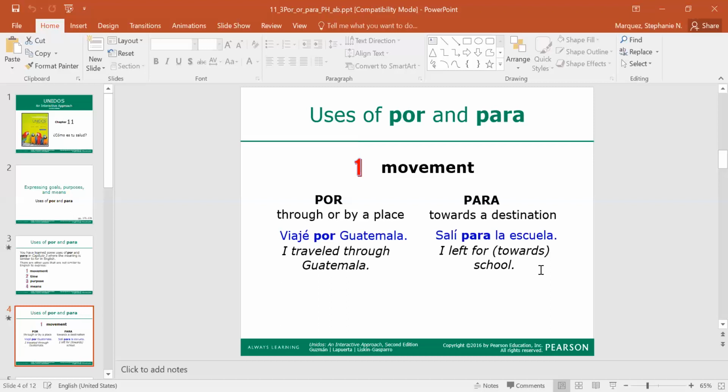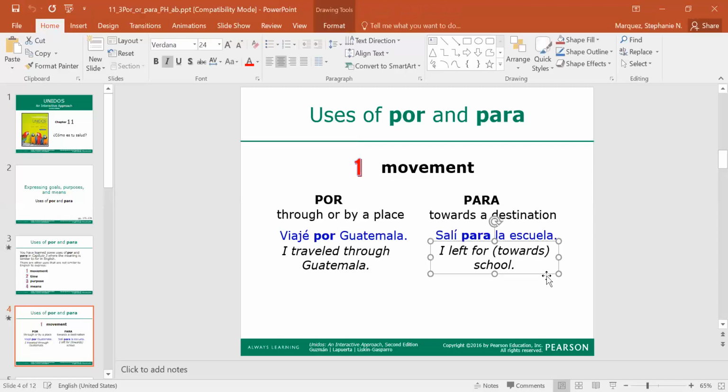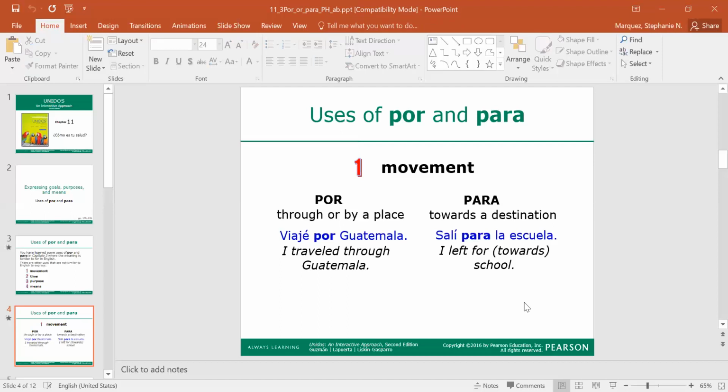So yes, this usage of para for movement is like saying I left for school, but the most important thing that you should know is that this para can not only mean for when we're talking about movement, but it can also mean, hey, I'm heading towards school, or I'm on my way to school, or even some curriculum will tell you I am en route to school. So that would be about movement.